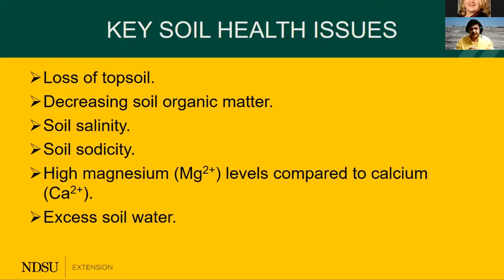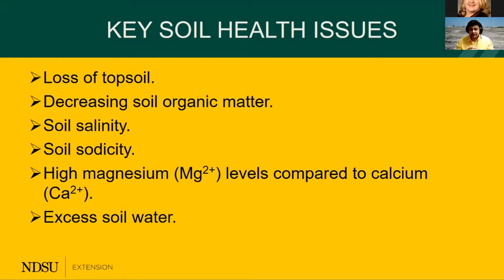One study which NDSU did 5-6 years ago recorded a loss of 9 to 17 inches of topsoil in the last 50 odd years. That is a huge loss, and we are not going to see that topsoil back in our lifetimes. Organic matter levels are also slowly but surely going down.